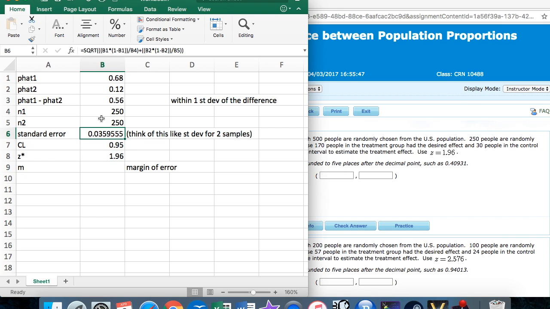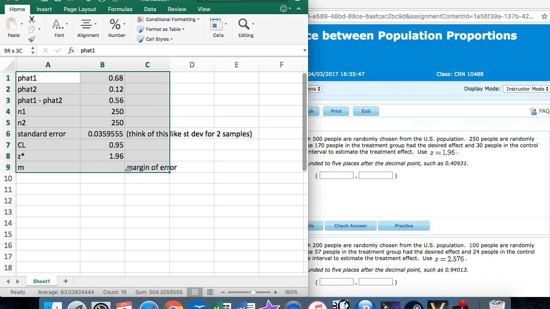Now first off, look here, because I left everything in here, I keep my standard error, right? I don't have to type the stuff in again. So make sure when you guys are doing this stuff in Excel, try to save some of your code, especially if you're doing a test and you finished a really tough problem, like you finished typing all the stuff out like I just did for your first problem, and what if they had 3 or 4 problems just like this?